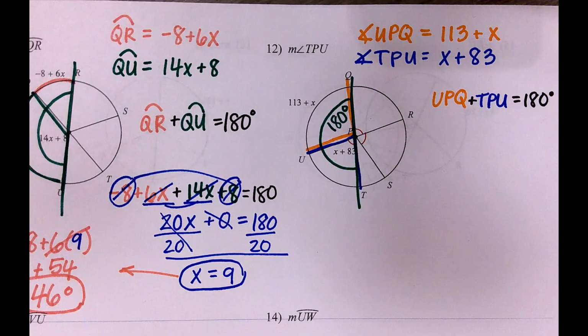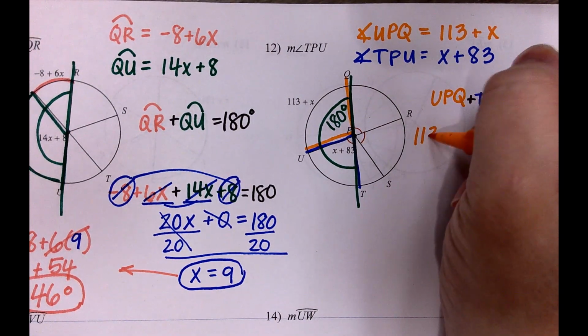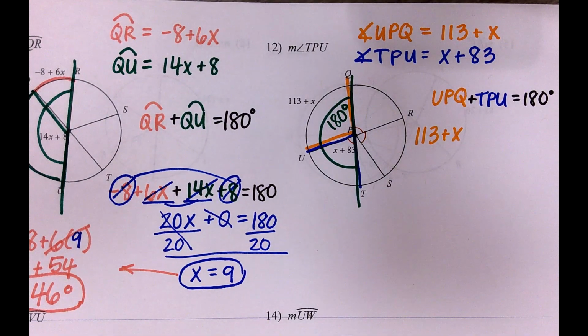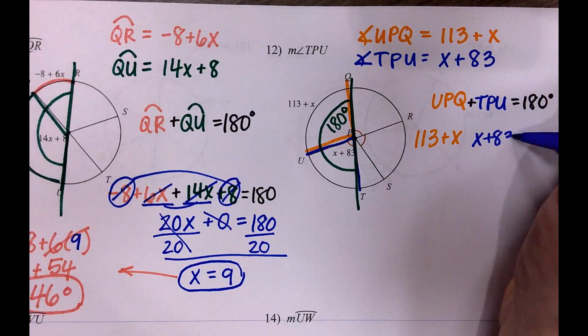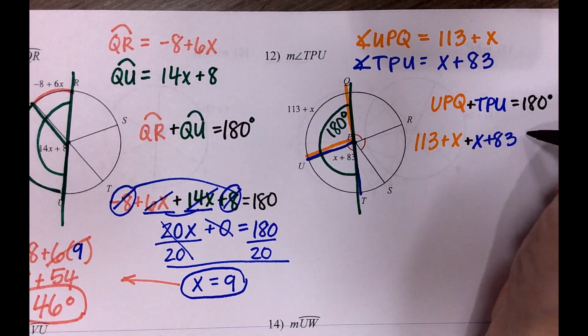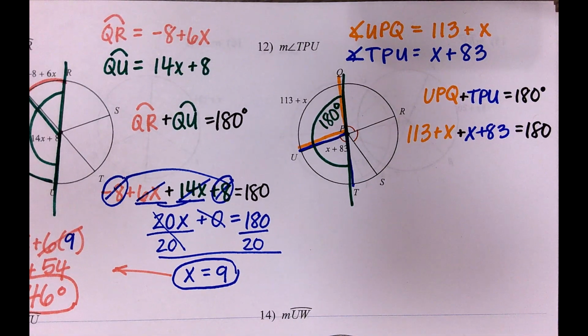Yes, 113 plus x for UPQ plus x plus 83 for TPU. Bring down my equals 180.